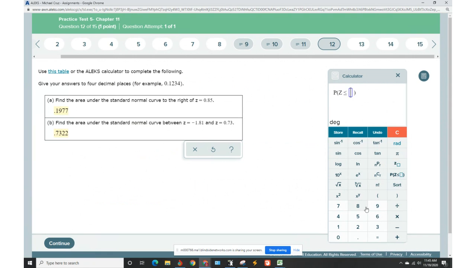Like I said, it's always a good idea to double check. And so see, you got the same thing, 0.7322. Because the between is only worried about what's in between those two values. So that's why we're subtracting the smaller one when we bring it back from the calculator, because we want to take that one off because it's not between, it's less than.